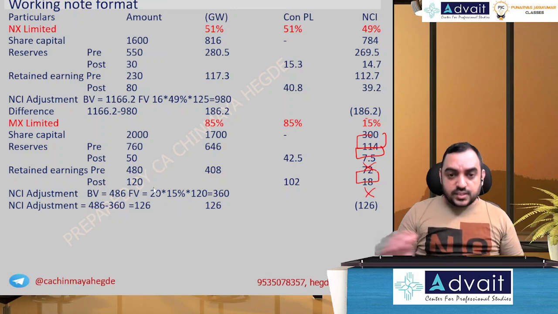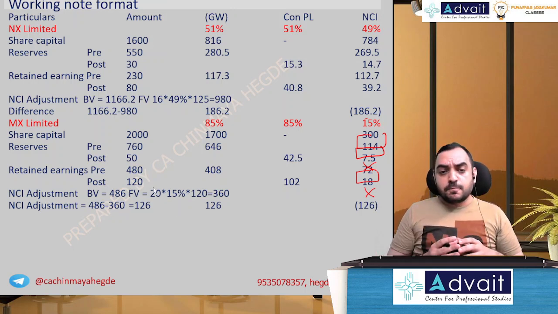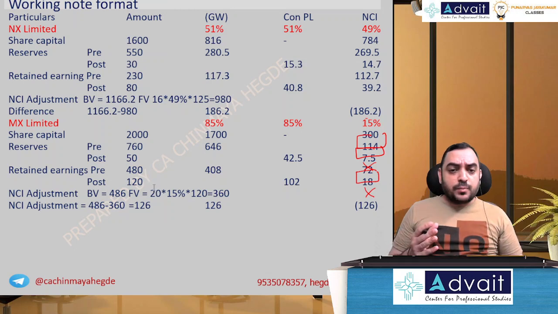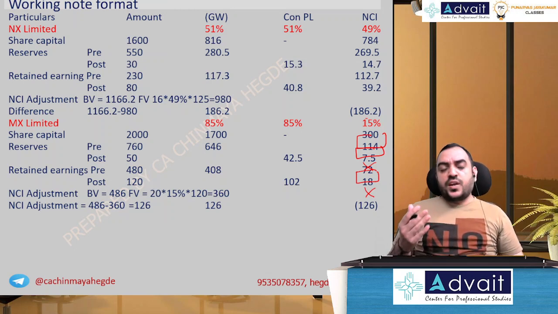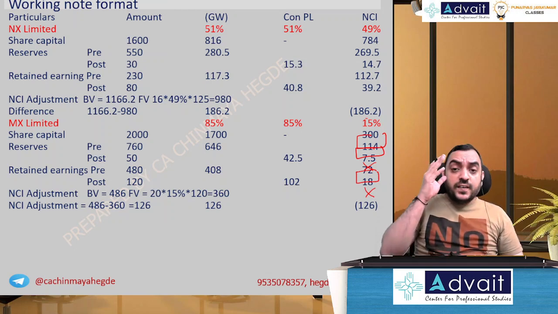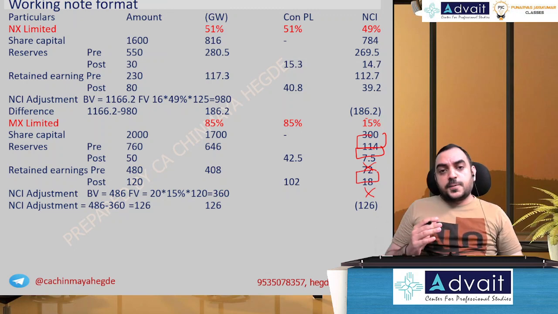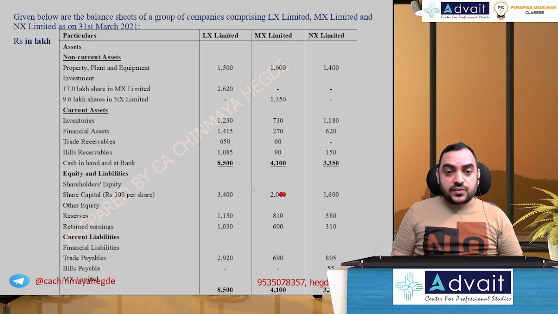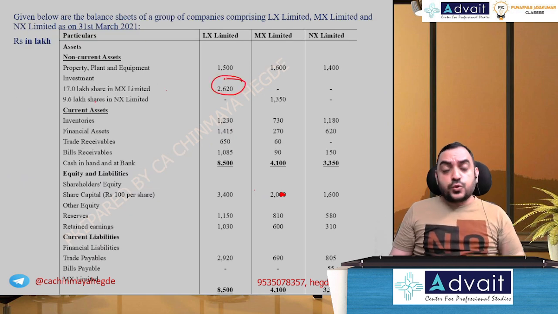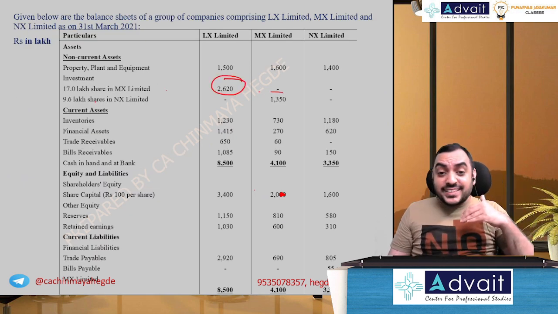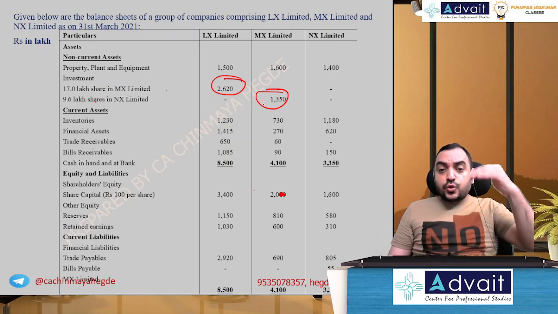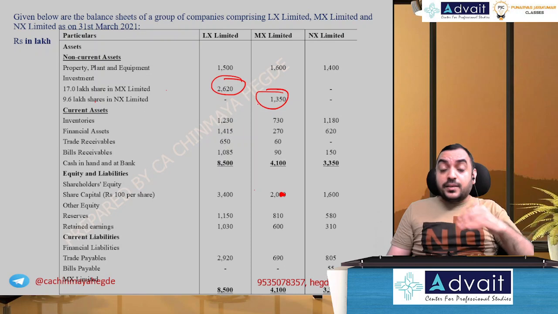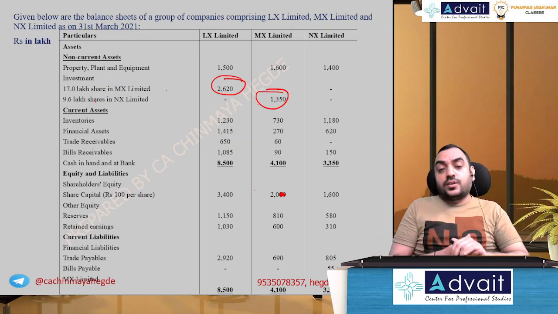Okay, that's one extra thing that will come, which will not come in other consolidation problems, which will come only in chain holding problems. Look at this investments. This investment 2620 will come under holding company, but this investment 1350 is under MX Limited. So I write this investment under MX Limited, and this also I distribute.